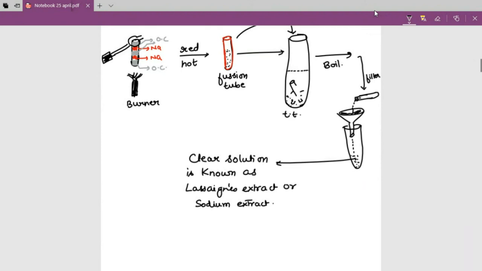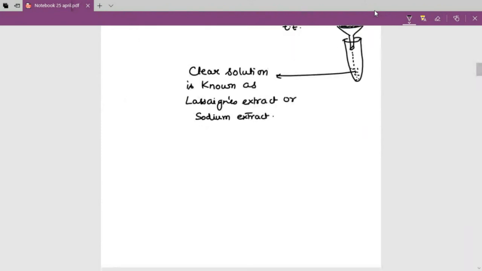Correct? So what is the purpose of using sodium? Why sodium?